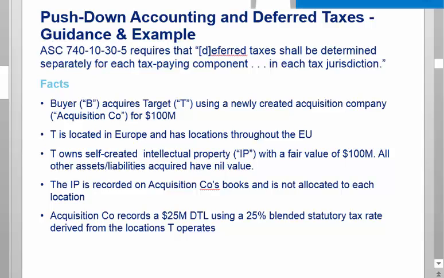Okay. So if you have a company that's in multiple jurisdictions, it's important to figure out when books allocates value to the assets, what jurisdiction that value is in. Because not all jurisdictions are created equal. Okay?